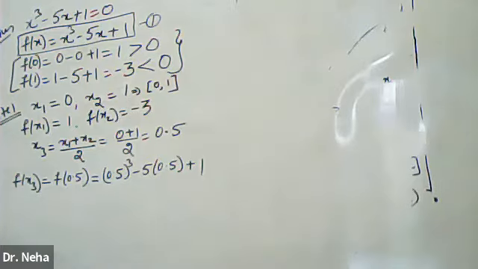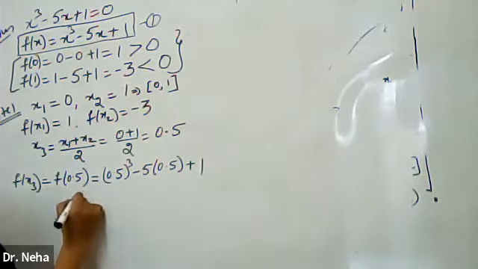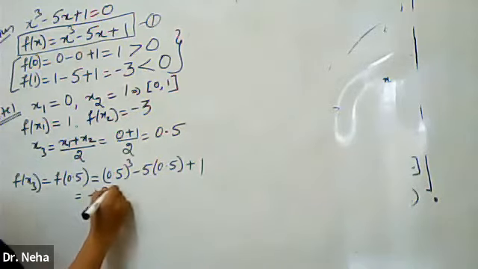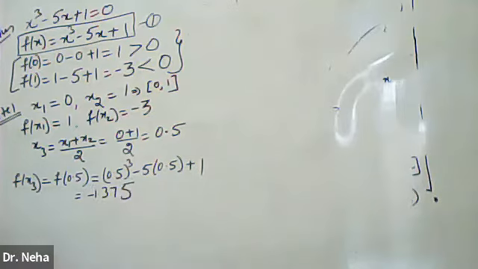If you don't have, please arrange. Now, for the time being, if you have any calculator in your mobile or somewhere else, you can use. And the value of f(0.5) which I have is minus 1.375. You can check, is it the value?